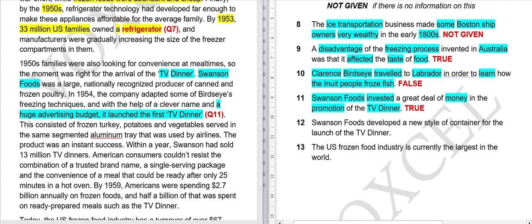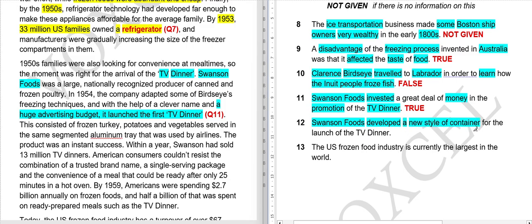12th question. Swanson Foods developed a new style of container for the launch of the TV dinner. So this particular company, the question is saying, developed, meaning to say created, invented, innovated, something like that. What did they invent? A new style of container.